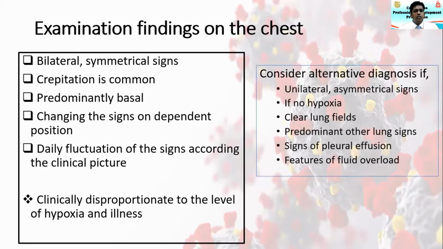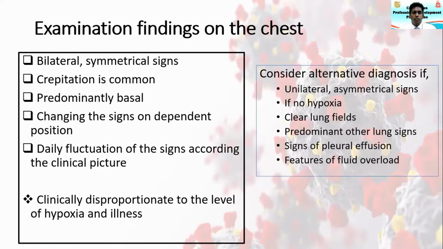All right. So what are the examination findings on the chest? These are the findings which will tell you this patient is in the COVID pneumonia phase. First is bilateral symmetrical signs. The second is that crepitation is a very common finding, predominantly basal, and these signs change with the dependent position.